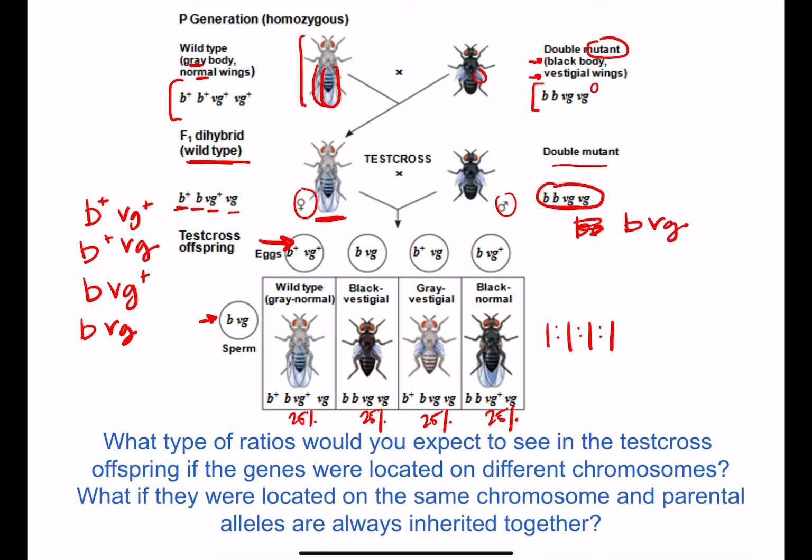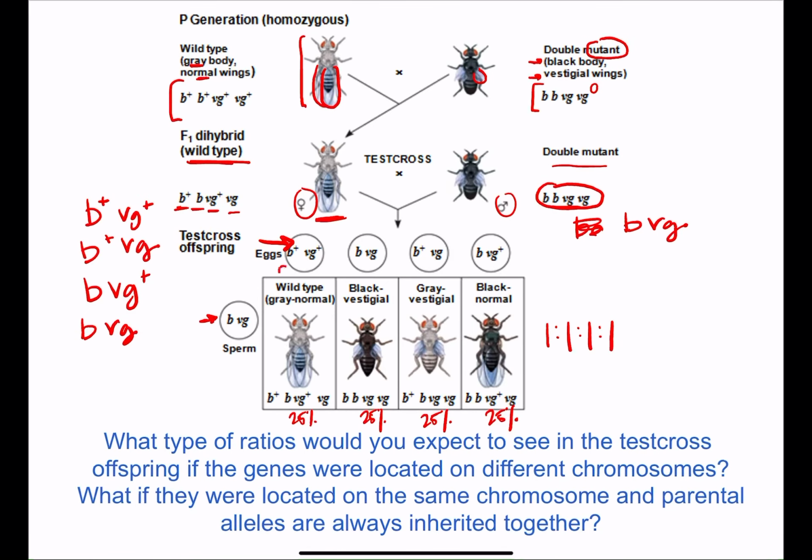But that's not what Thomas Hunt Morgan saw. I don't know the exact numbers off the top of my head, but it's something like about 900-ish of each of these and about 200 of each of these, okay? So what he saw was a lot of this wild type, a lot of the double mutant, and fewer of these other two, okay?